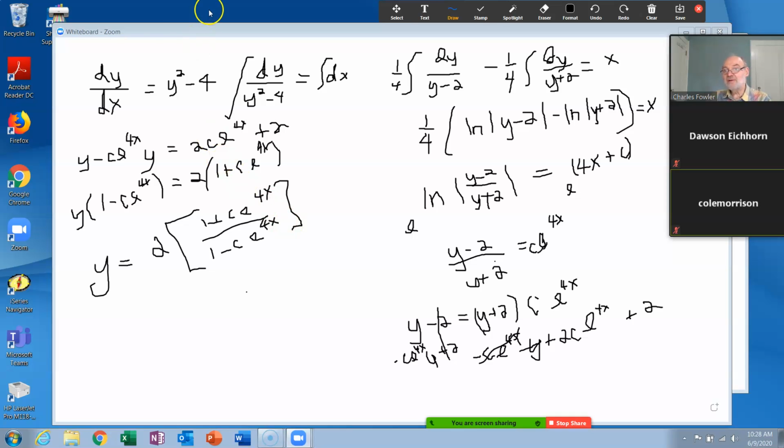Because up here, if you look at this, you would see when y plus 2 or y minus 2 here was equal to 0, either one of those, then dy dx would be 0.